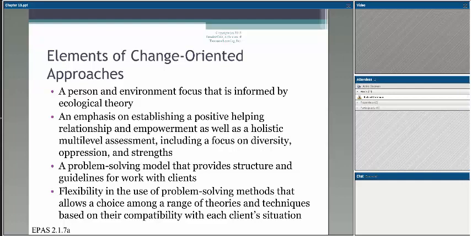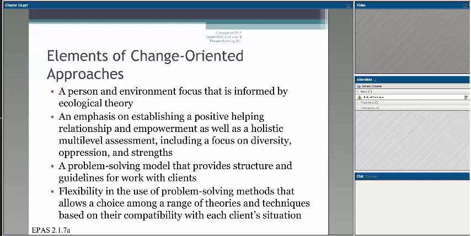So is the methodology that you were thinking about using taking into account this ecological theory? Does the problem-solving model provide enough structure and guidelines for the work with your clients? These are things that you need to think about as you are approaching the client families and the work that you will need to do with them.